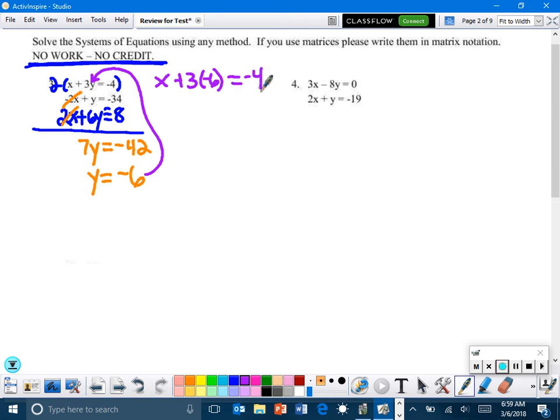I'm going to solve for x. x plus negative 18 equals negative 4. I'm going to add 18 to both sides, so x equals 18 and negative 4 makes 14. So the solution to this is... oh, take that back. 14, negative 6. That is our solution.